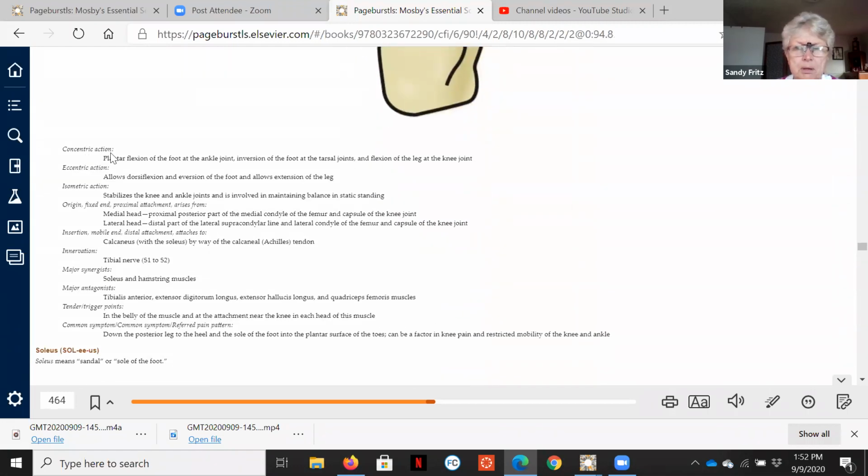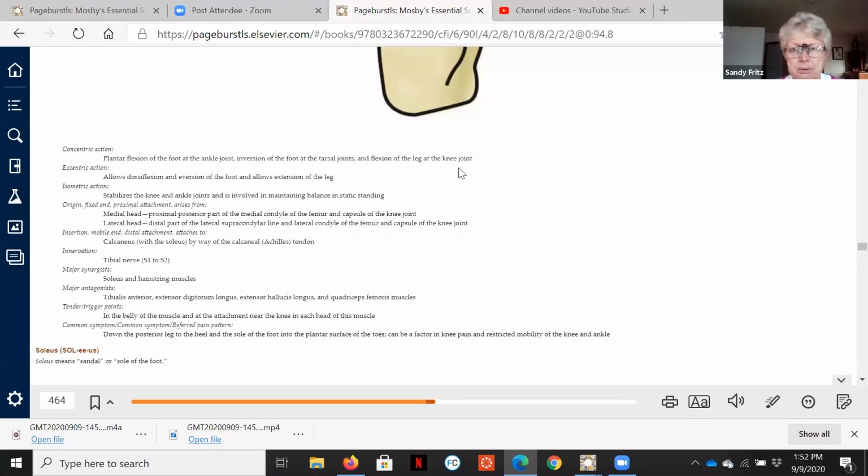So when it is pulling, its actual concentric action, it pulls the toes down. That's its primary job. But it inverts the foot. But here it flexes the leg at the knee joint.